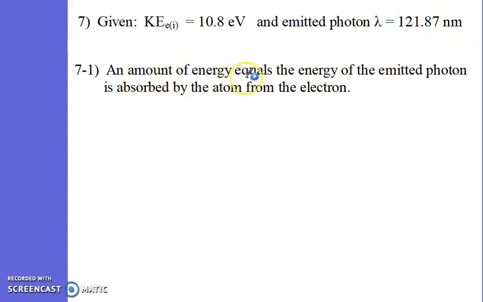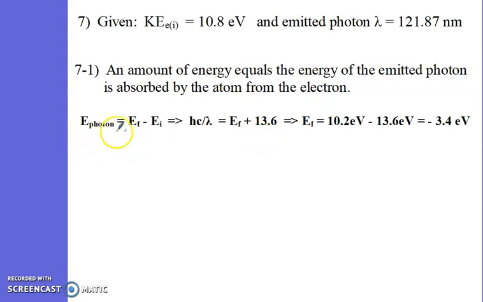So an amount of energy equal to the energy of the emitted photon is absorbed by the atom from the electron, right? So the atom only absorbs the amount of energy of the photon that it can release. That's why we find E of the photon. This is the final state of the atom, minus 3.4, means n equal 2.